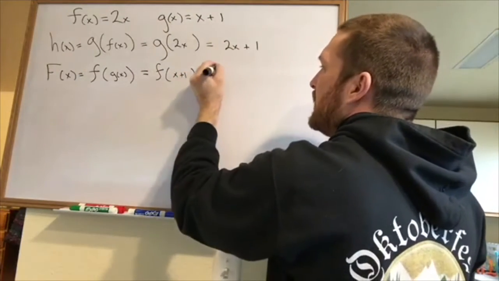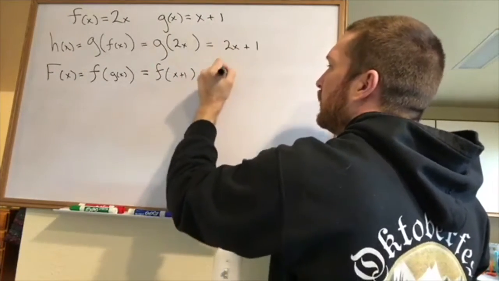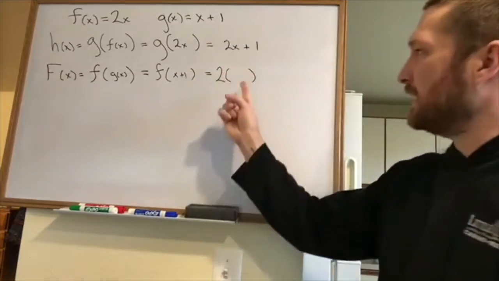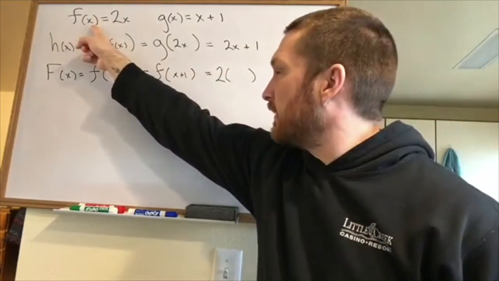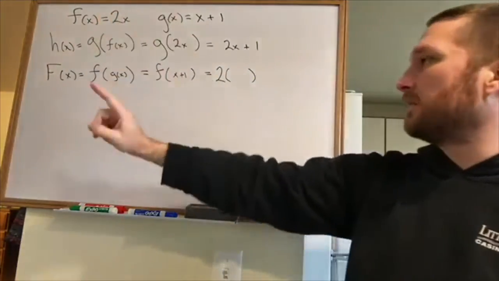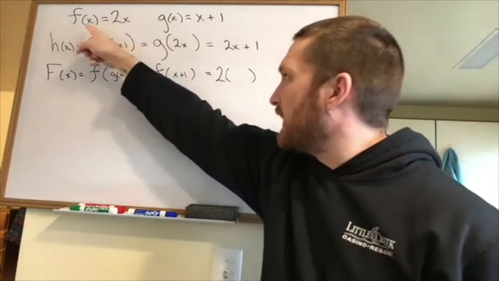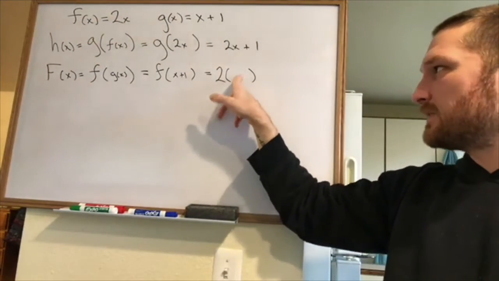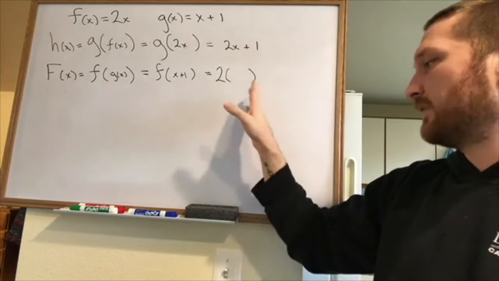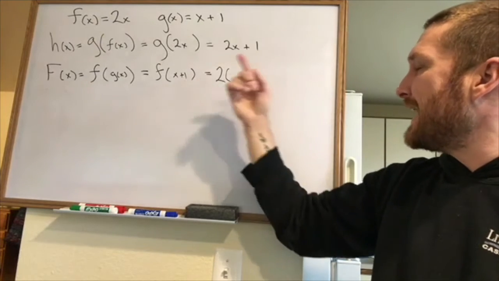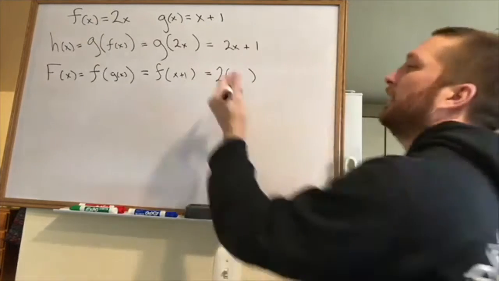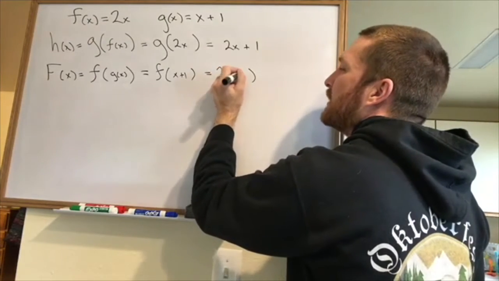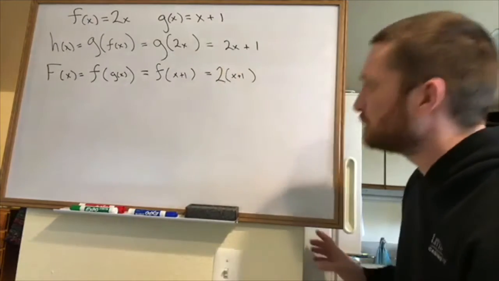F says you take 2 and multiply by whatever that input is. If there was a smiley face in there, we would take 2 times smiley face. If it were a 45, we take 2 times 45. In this case, parentheses are our best friend, and they're our best friend in this class. So we want to take x plus 1 and multiply that entire thing by 2.